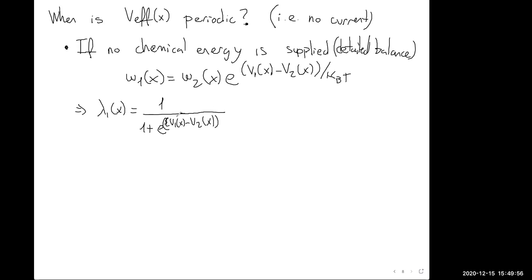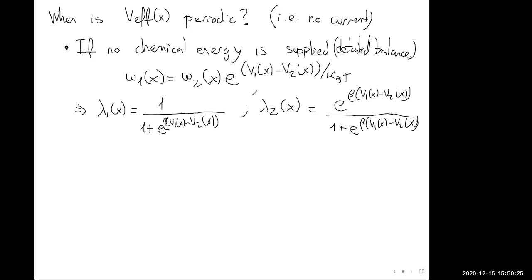If you remember the two-state model, the probability of one of the states was 1 divided by 1 plus e to the beta E. And the other, lambda 2, was e to the beta (V1 of x minus V2 of x) divided by 1 plus e to the beta (V1 of x minus V2 of x). So this is the two-state model. This is the equilibrium. When you have this, V of x is periodic.